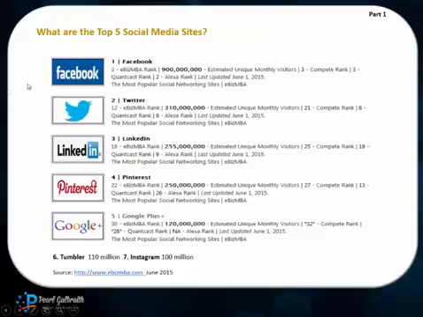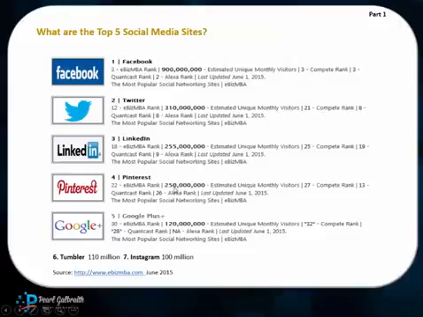Well, obviously you've heard of all these sites. Maybe you haven't been to them. Facebook, absolutely. The biggest website in the world. 900 million people are on Facebook. Twitter is number 2, 310 million. LinkedIn, number 3, 255 million users.